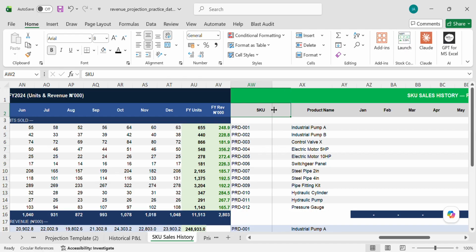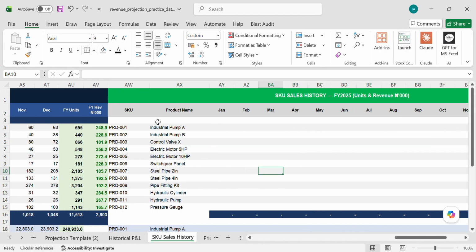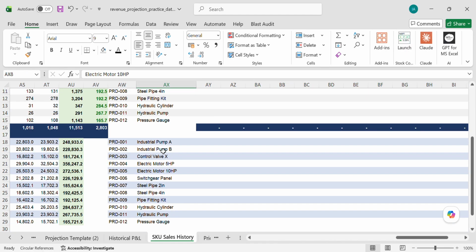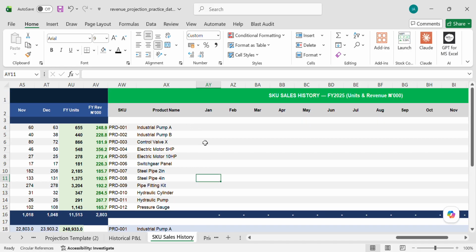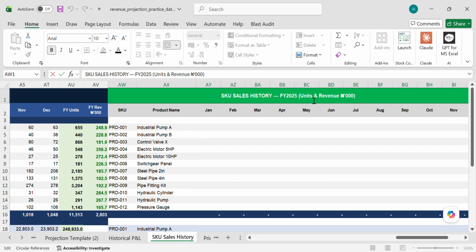Yeah. So now let's get right into it properly. So right now, these are the various products, and these are the units. Let's take this one off. So the first one we're going to be looking at is the unit.